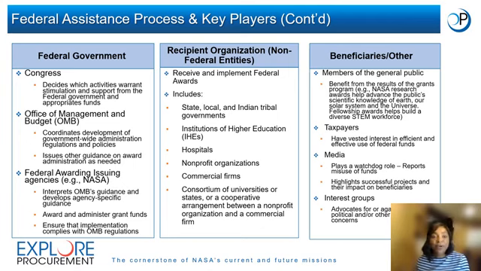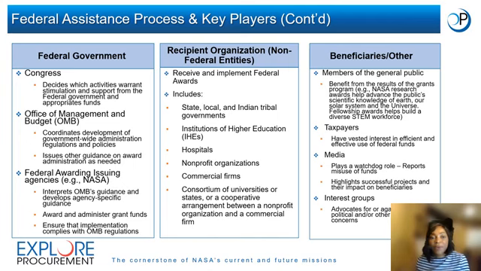The recipient organization, also known as non-federal entities, receive and implement federal awards. These entities include state and local, Indian tribal governments, institutions of higher education, hospitals, nonprofit and commercial organizations, and consortium of universities or states.